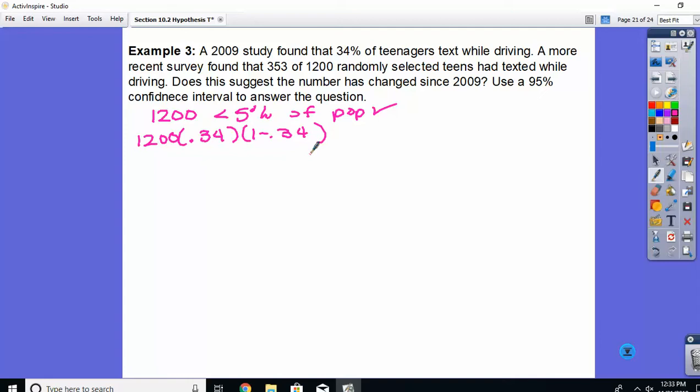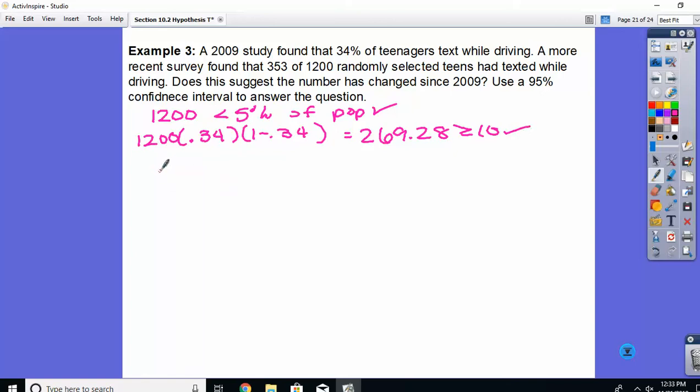So if I do that, and everybody has this notes handout, right, if you were on yesterday, we get 269.28, which is most definitely greater than 10. So that's good. All right.